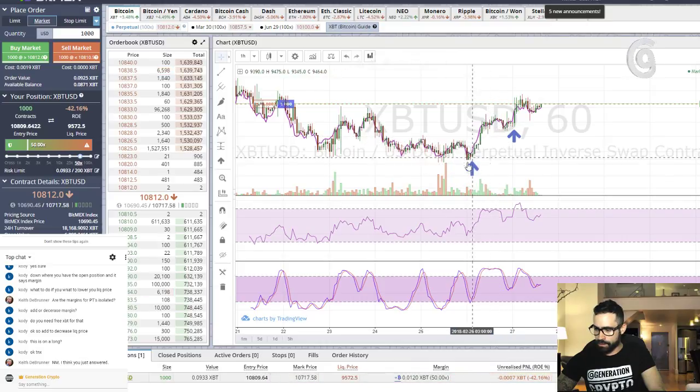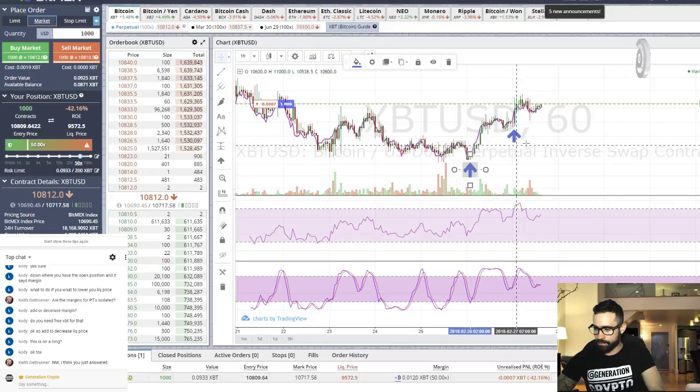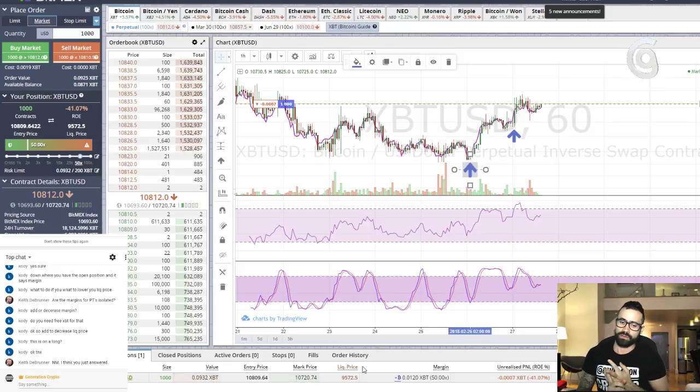I'd be buying BTC cheaper, and at the same time increasing my position and reducing my liquidation price on a long. So if the chart starts going against me and I have this small position open, I can increase it because I have free XBT, instead of just waiting for the liquidation and losing everything, stuck thinking, oh man, I wish I didn't open that big of a position earlier.